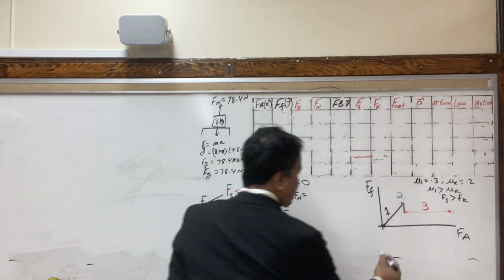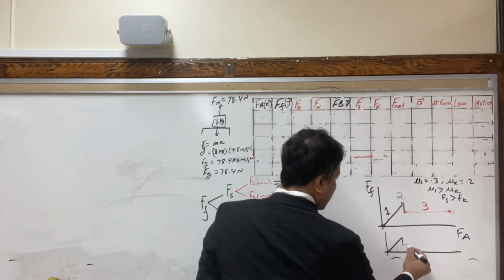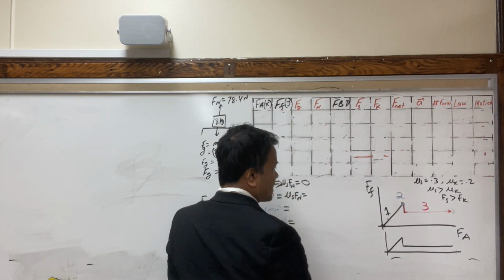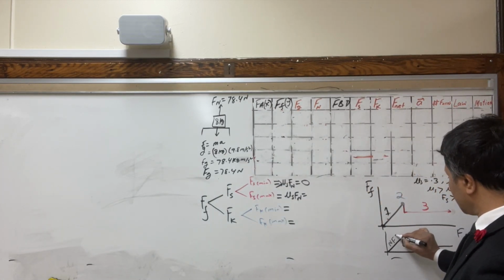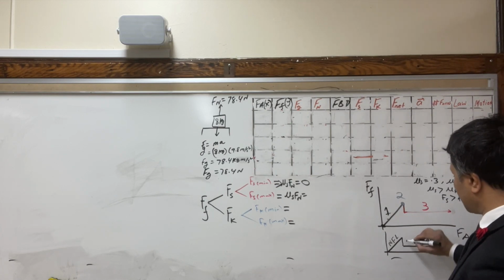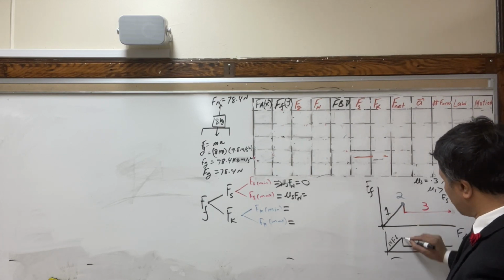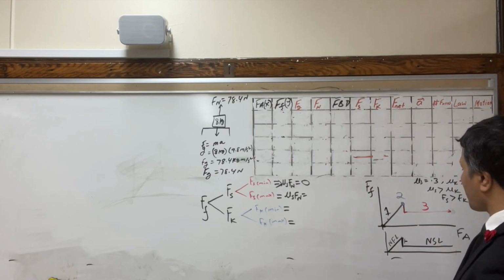Alright, I'm going to draw this graph again over here to write a few things. This is Newton's first law. This is Newton's second law. This is the transition. This vertical line is the transition from Newton's first law to second law.